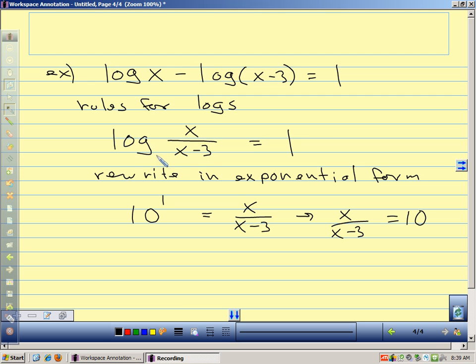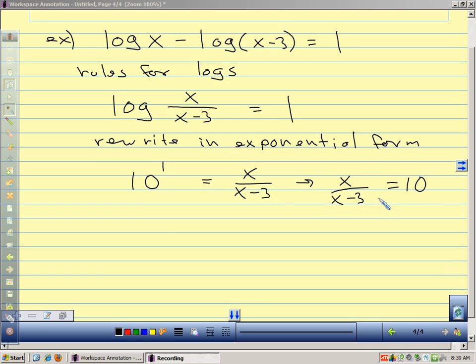Our base here is 10. So when you do the change of base, our smaller number is the base of our logarithm. Here, x minus 3 is just our denominator. Okay? All right, so now we can solve this.